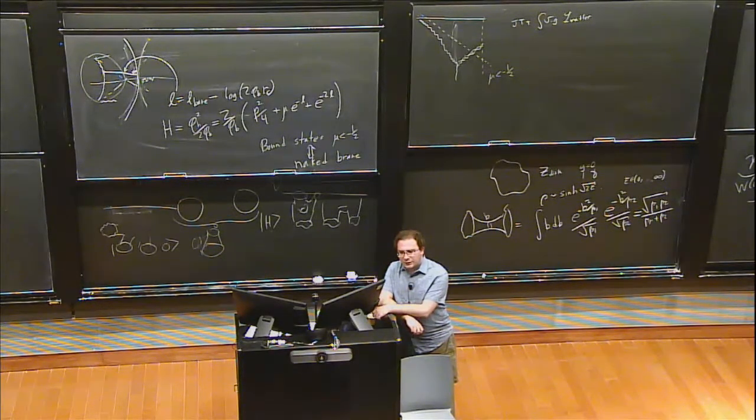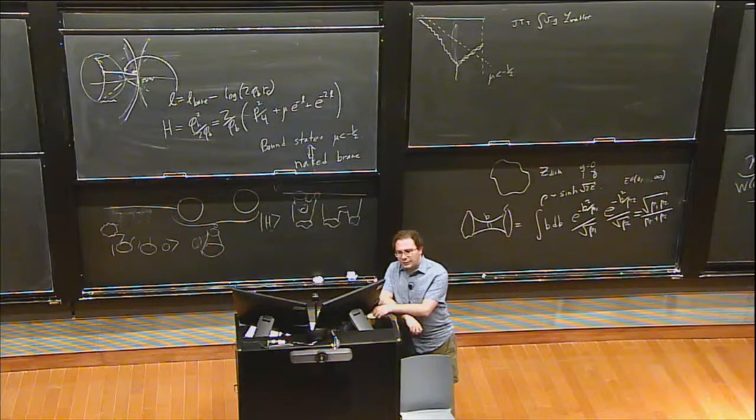Okay, it's an interesting question. So the suggestion, I think, is that with that W phi gravity the canonical analysis would have given you a discrete spectrum.